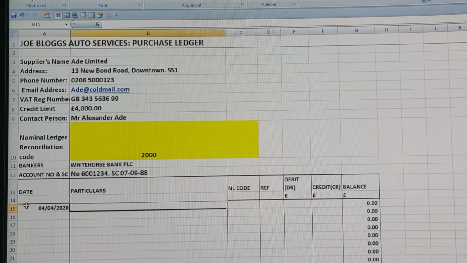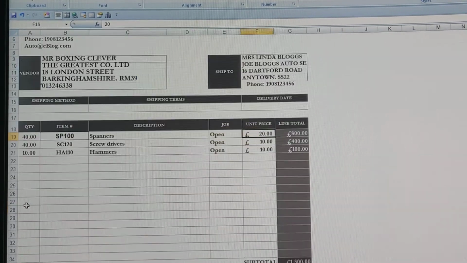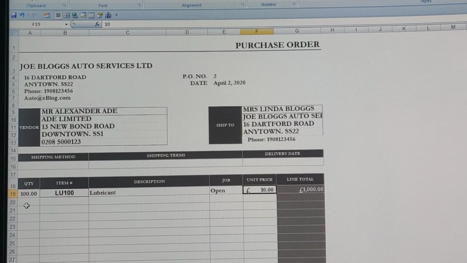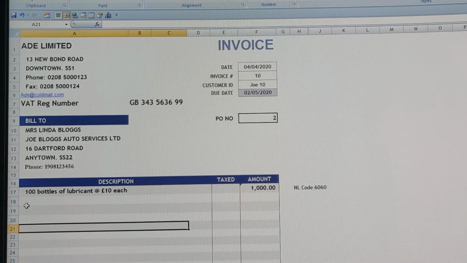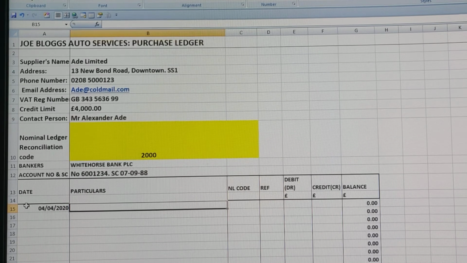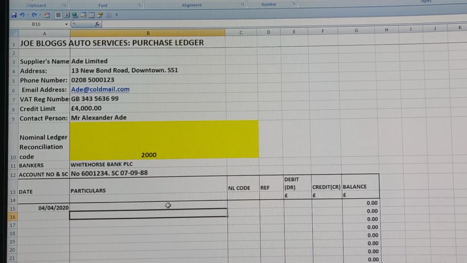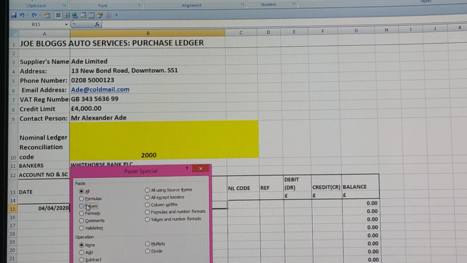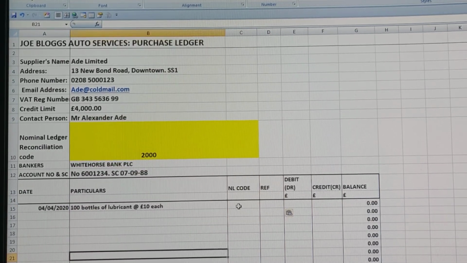Purchase of lubricant. 100 bottles of lubricant at £10 each, as stated on the invoice. Right. Nominal ledger code 6060.